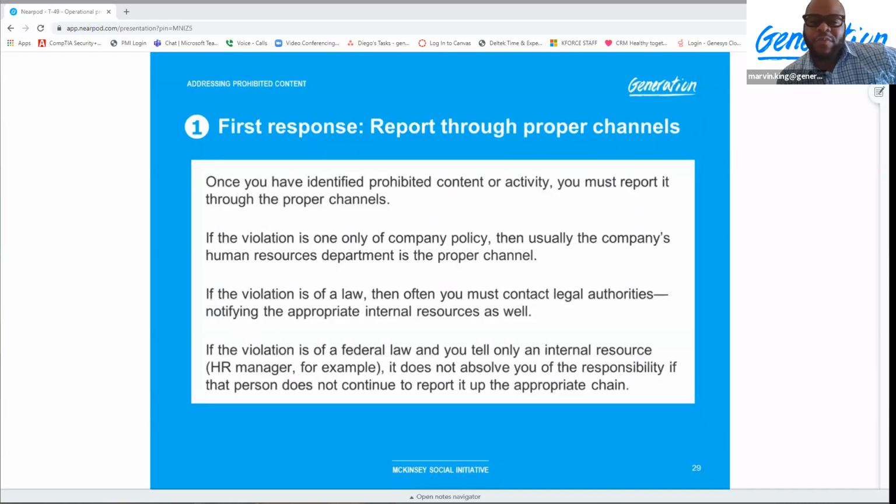First response, report through the proper channels. As I'm privy to the story, once that information got out, the patient called our hospital facility and talked to the charting department, the place where you keep all your reports. And she placed the complaint.